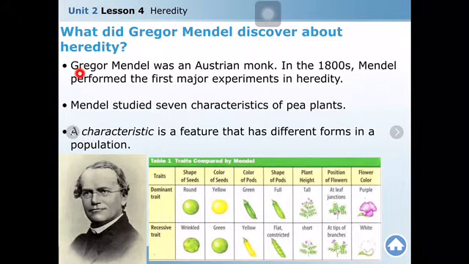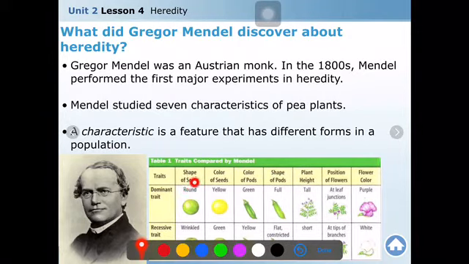Now, Gregor Mendel was an Austrian monk. In the 1800s, Mendel performed the first major experiments in heredity. Mendel studied 7 characteristics of the pea plant. What are the 7 characteristics? We will study them further, but we may mention them here.